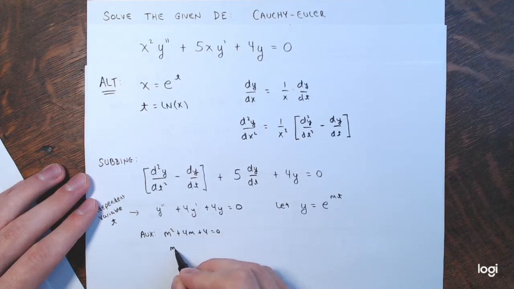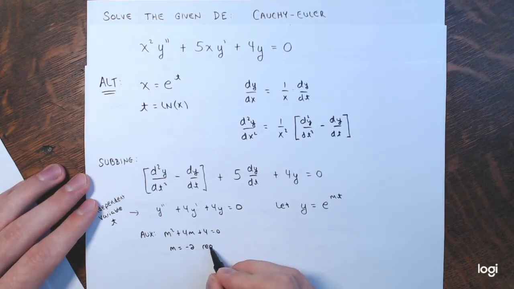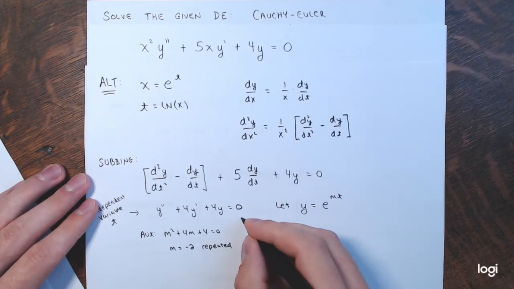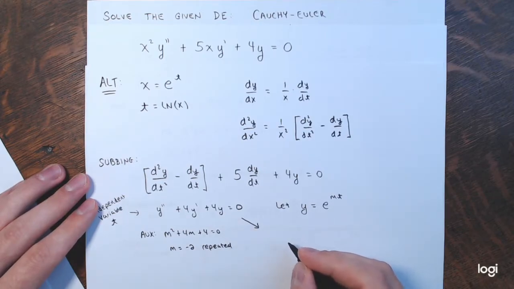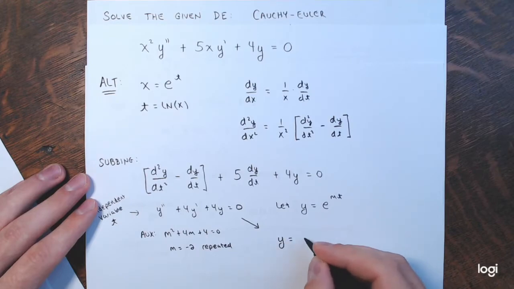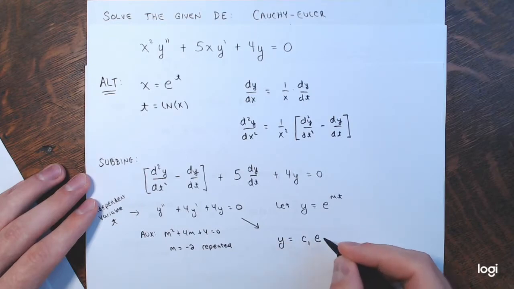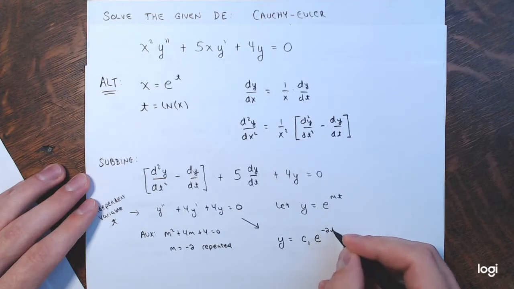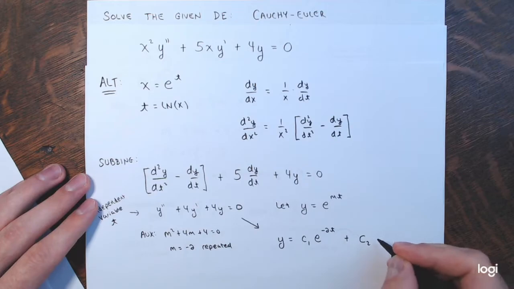So again, the roots would be negative 2, but with a multiplicity of 2. Let's say negative 2 repeated. And so the general solution of this equation would be y equals some constant times e to the negative 2t plus some constant times t times e to the negative 2t, right?